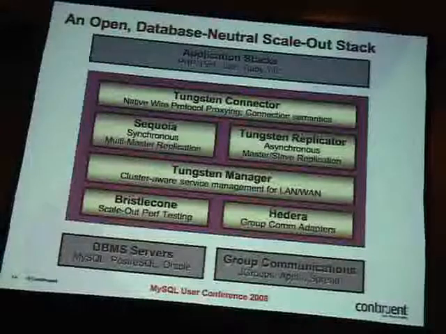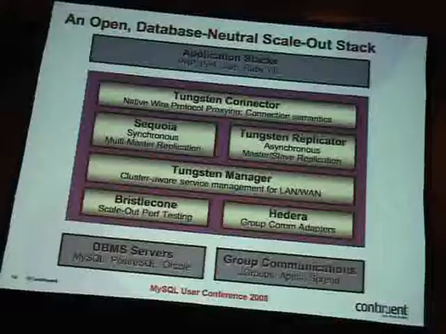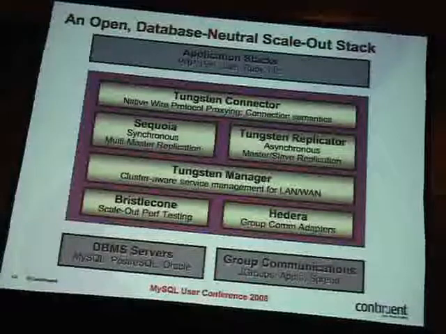We basically have a stack that includes connectors, that's the proxy, multi-master synchronous replication, async replication, management, and then very important, this Bristlecone, because if you're attacking this problem, it's not enough to have a bunch of technology pieces that implement it. You also have to think about performance and testing in general, and particularly performance testing. So this Bristlecone that I'll be talking about in a minute is part of the stack.